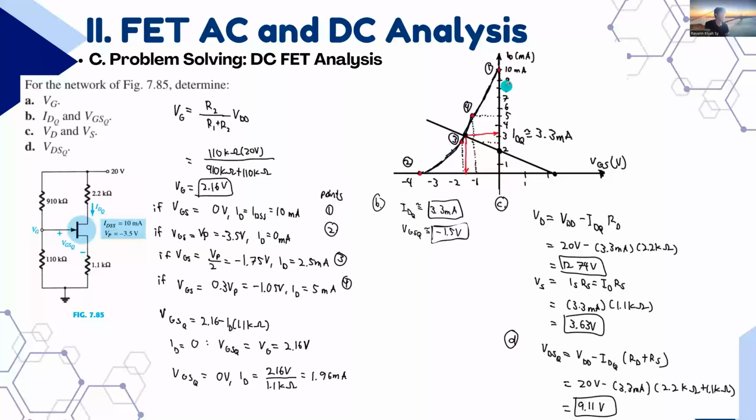And then we calculate next for our VGSQ, our Q point. So our VGSQ is VG, 2.16, minus ID times 1.1 kilo ohms.